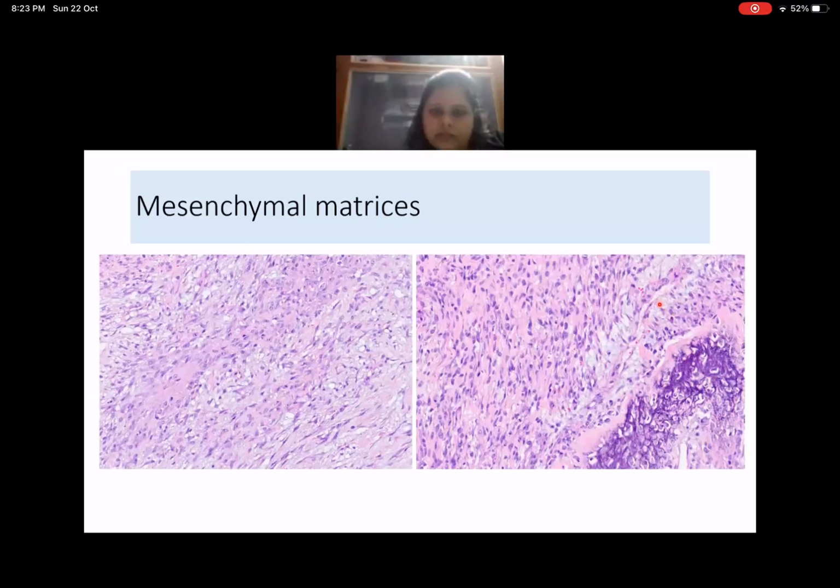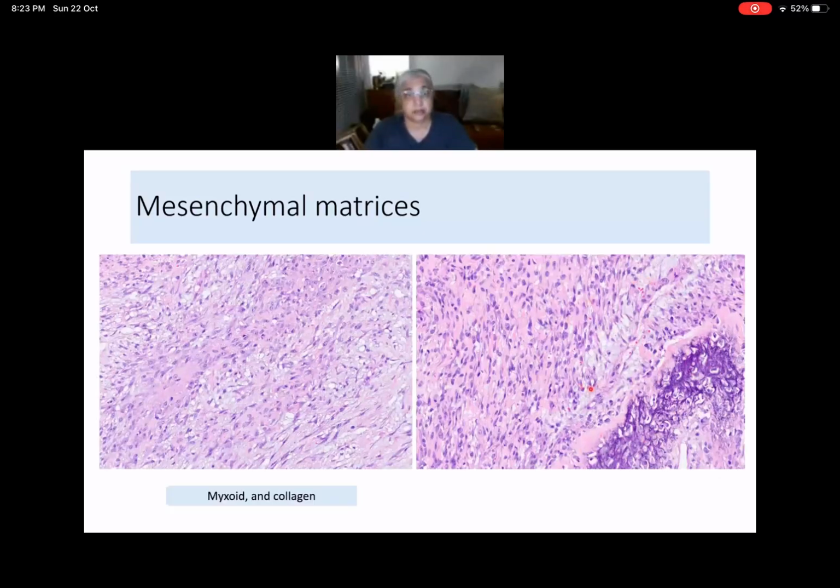What is the acellular component over here? Okay, tell me what's on the right side. What is the acellular component? Myxoid. Anybody, what is it? There is osteoid. Oh, there is this pink stuff which is osteoid and it is calcifying. And see the amount of pink stuff that is present in the stroma.